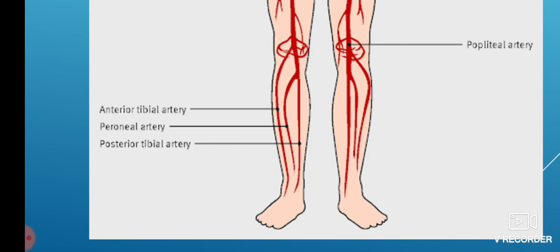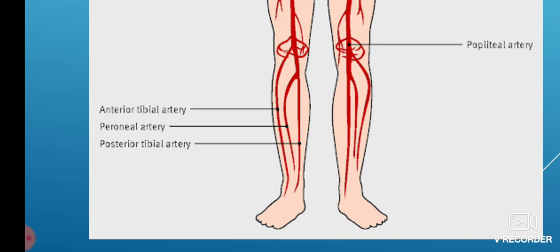Our dorsalis pedis artery was already waiting there, and now it joins with the lateral plantar artery, forming an arterial arch from which many digital branches arise that supply the toes. So that is about the circulation of the lower limb.